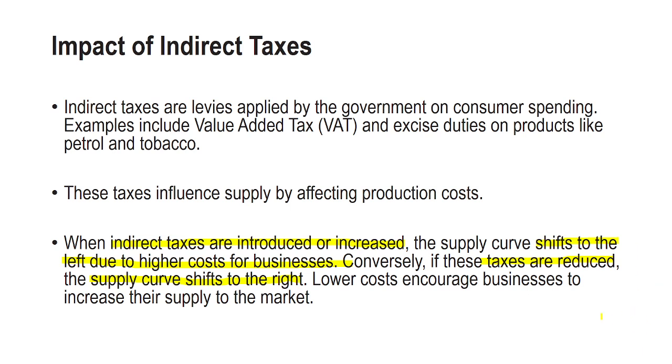Lower costs encourage businesses to increase their supply to the market. Generally, if tax increases, supply decreases and the supply curve shifts to the left. If tax decreases, the supply quantity increases and the supply curve shifts to the right to show this increase in quantity.